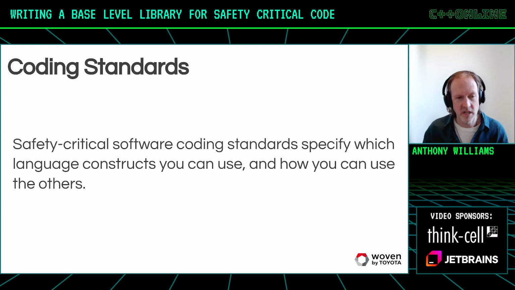ISO 26262 doesn't specify anything about C++ code. What it does say is that you must have appropriate coding standards. And so we have to have a safety critical coding standard that we can use, which then will specify what language constructs you can use, how you use them, and things like that.